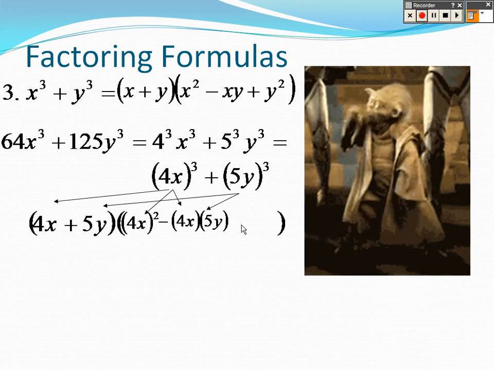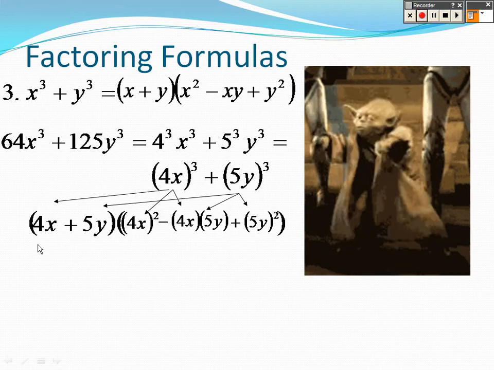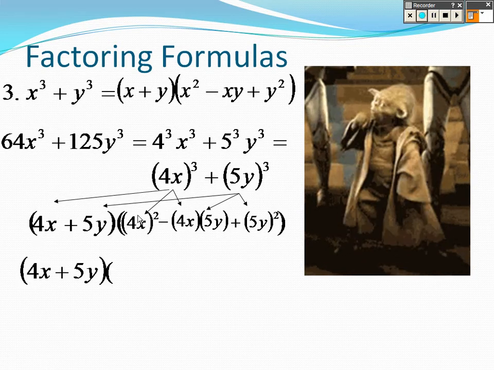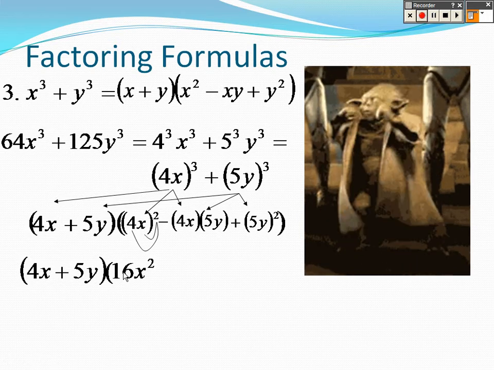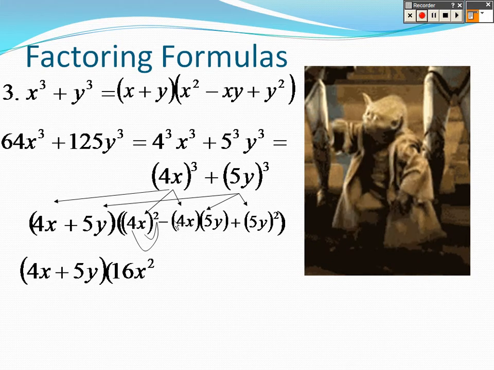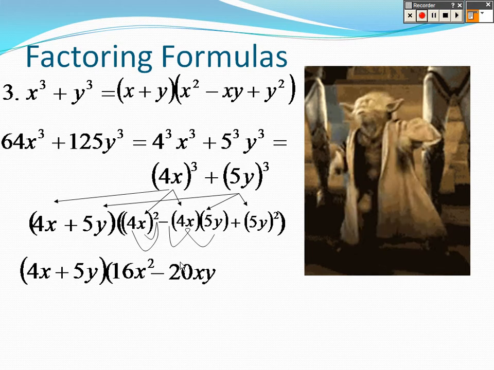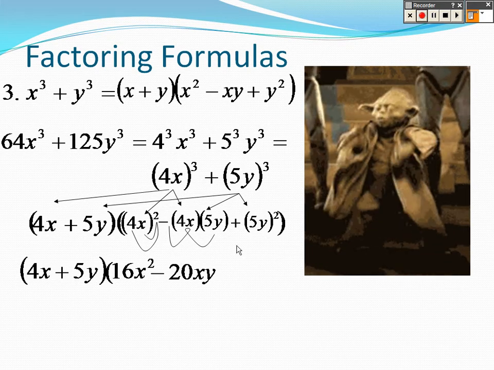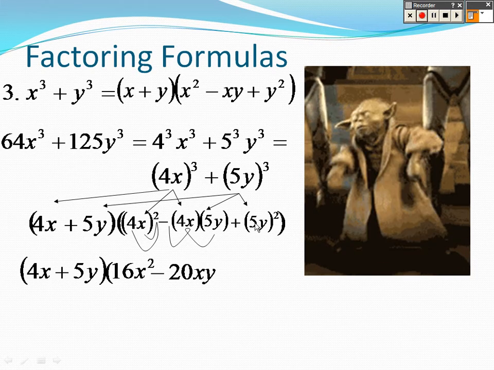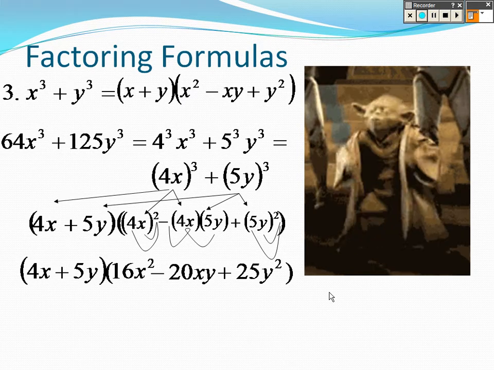And then it's always the last term squared with an addition sign. 4 squared is 16, so it's 16x squared. 4 times 5 is 20, but it's a negative, so it's negative 20, and the x and y don't go together because they aren't the same variable, so I can't combine them. I just write them side by side. And this is 5 squared, which is a positive 25, and it's a y squared as well. And there is your formula factor.